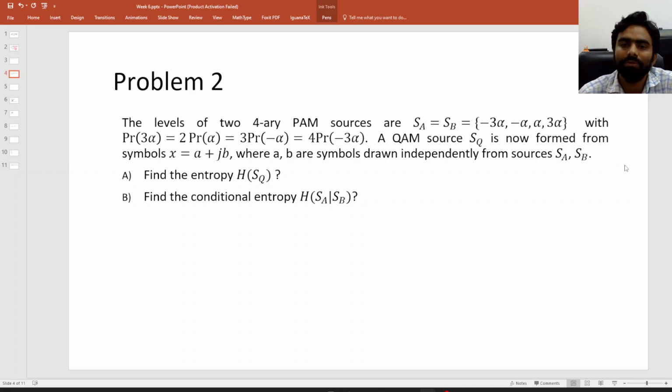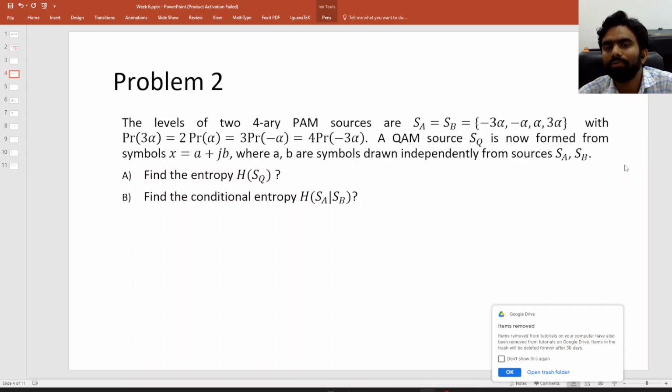Problem number 2. The levels of two 4-array PAM sources, SA and SB, are minus 3 alpha, minus alpha, alpha, 3 alpha, with the probability of 3 alpha equal to 2 times the probability of alpha, and 3 times the probability of minus alpha, and 4 times the probability of minus 3 alpha.